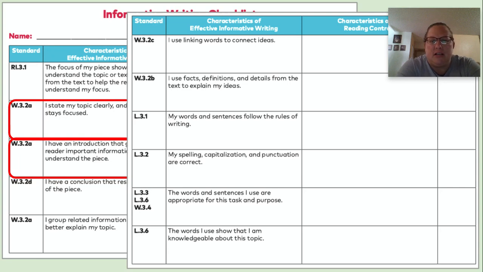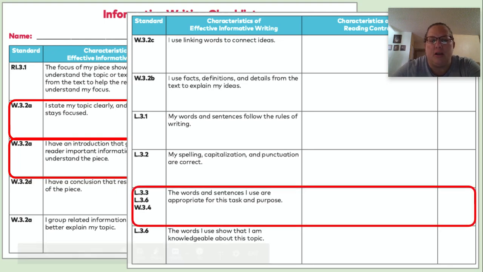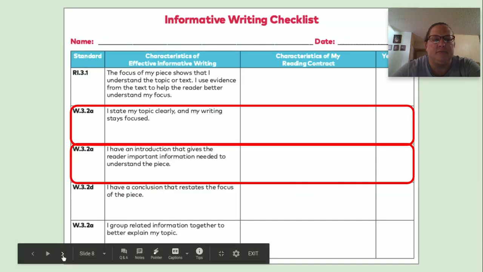My words and sentences follow the rules of writing. My spelling, capitalization, and punctuation are correct. The words and sentences I use are appropriate for the task and purpose, and the words I use show that I am knowledgeable about this topic. Okay, so we're going to work on the words and sentences I use are appropriate for this task and purpose.